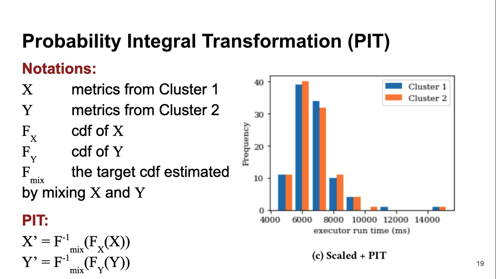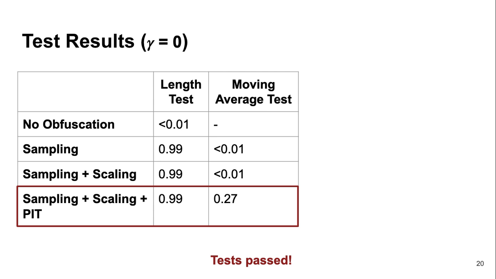For each sample in the original distribution, we find its corresponding value in f-mix and use that to replace the original value. After the transformation, the moving average no longer leaks the sensitive property because their distributions are statistically indistinguishable. The test results indicate that after the obfuscations, the log files are unlikely to leak the sensitive property through its length and moving average of numerical attributes.